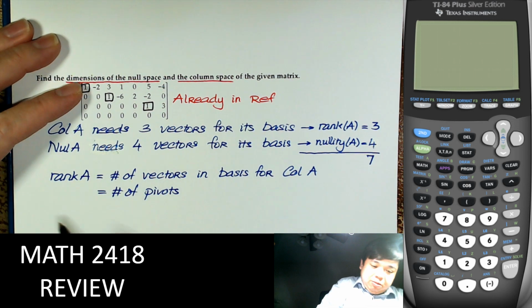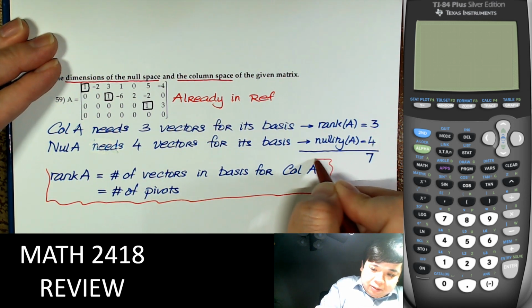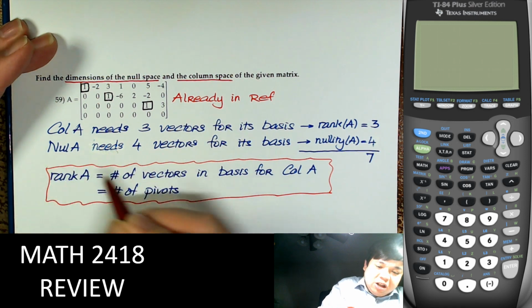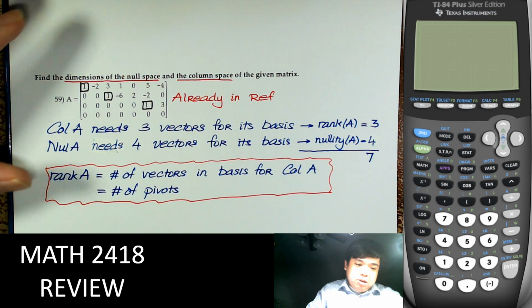That's the first important part, which is that the rank of A is the dimension of the column space of A.